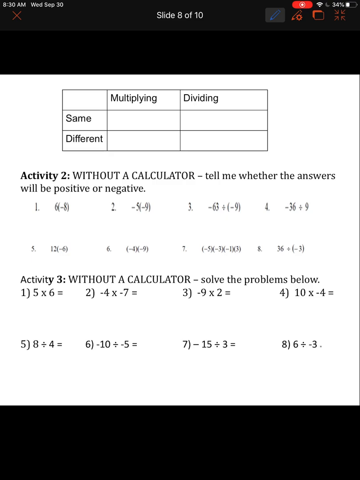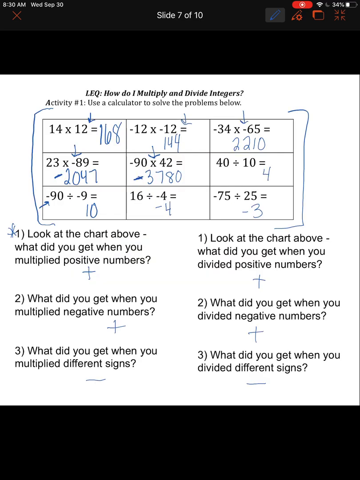So looking back, I'm going to try and flip back and forth, but you can see on your paper. So if we have same signs, so our same signs are going to be two positives being multiplied together and two negatives being multiplied together.